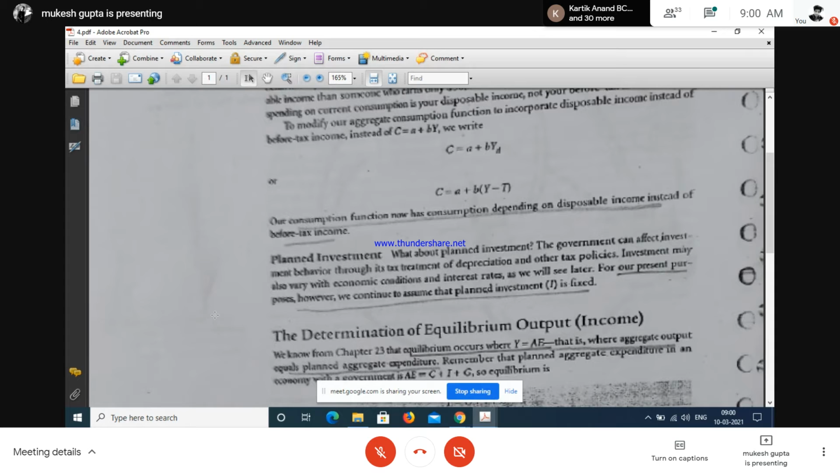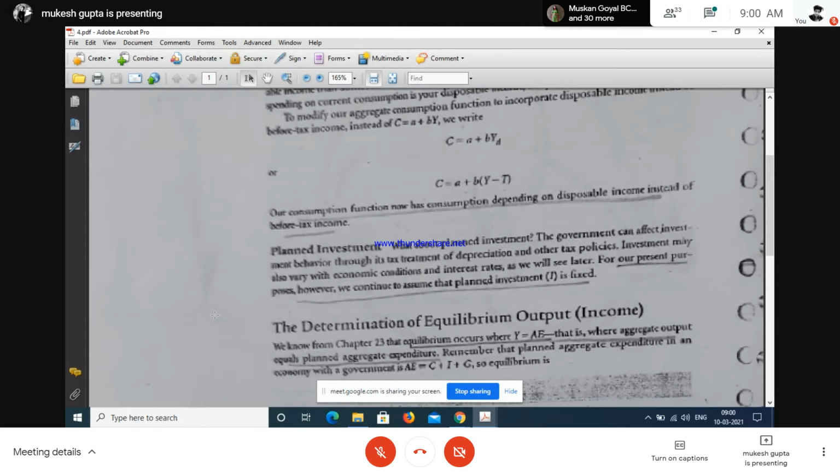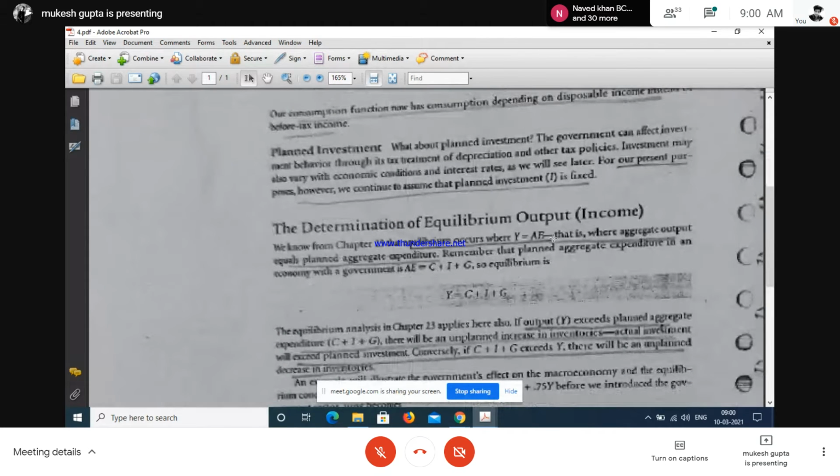The income side is C plus S plus T, and on the expenditure side it is C plus I plus G. So for equilibrium, whatever output has been generated, that should be equal to the aggregate expenditure. That's the concept here, the determination of the equilibrium level of output. So Y should be equal to aggregate expenditure, and aggregate expenditure is the sum of consumption expenditure, investment expenditure, and government expenditure.